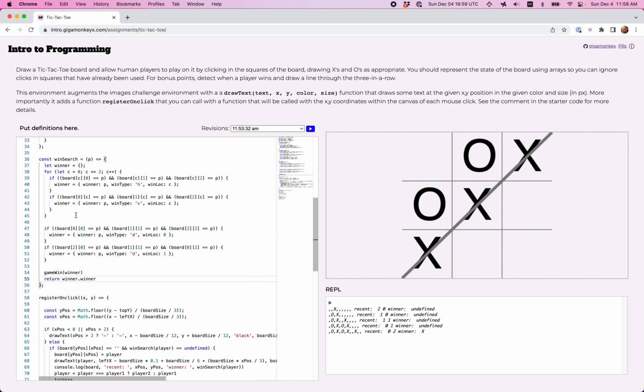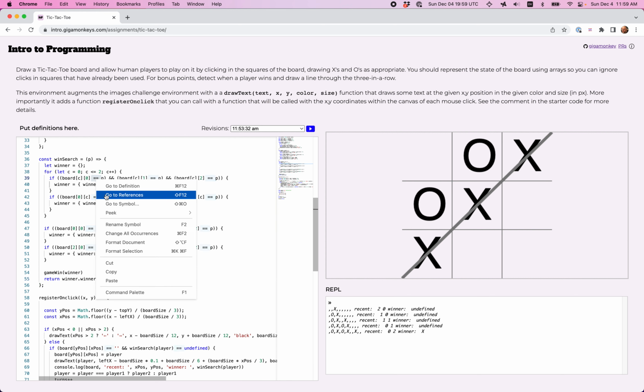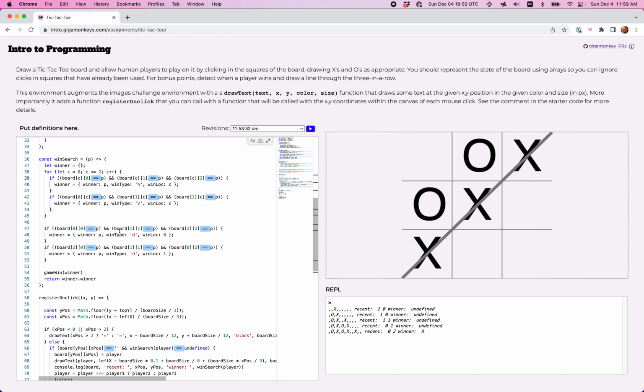Okay. So the loop is nice. I'm going to go ahead and change all occurrences of space equals space to add the third equals.